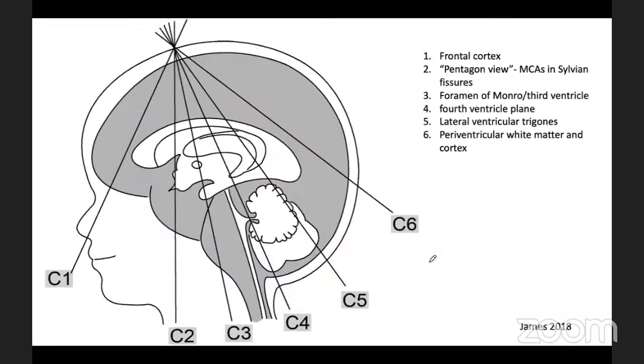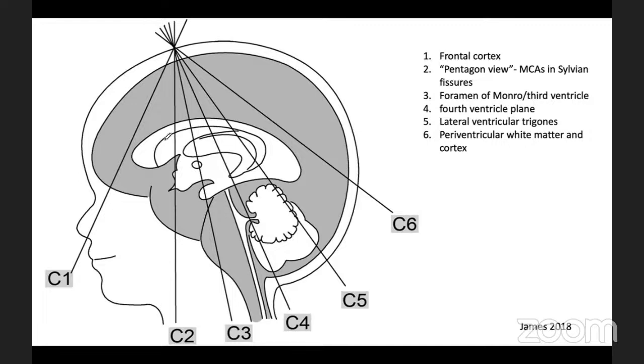So let's first talk about the coronal view. As I said, you have to scan in six planes. Start with the midline at the level of both ears, and then take three cuts in the front and three in the back. In the front, C1 is just cutting the frontal cortex.